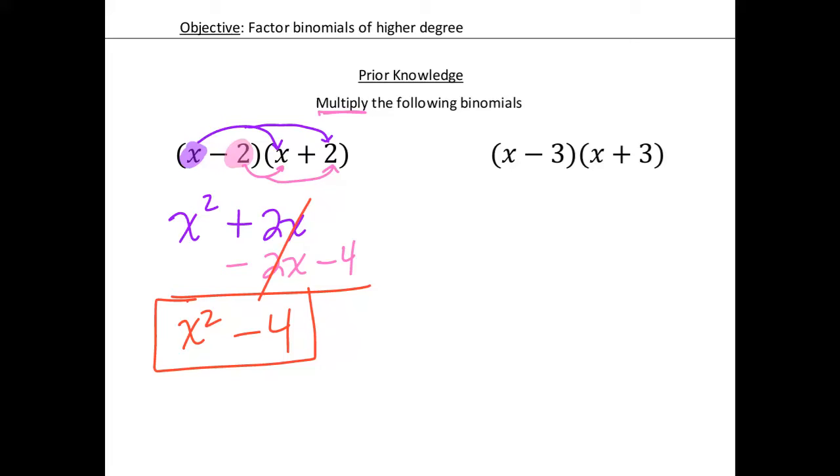So same thing, take first the x term and distribute it. And then take the second term, that negative 3. Oops, that was my highlighter. Take that negative 3 and distribute it.